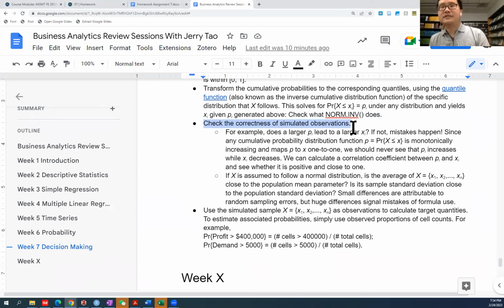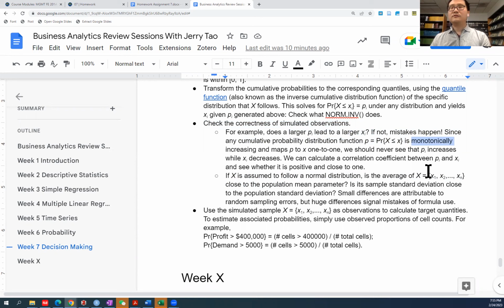Another way we could check the correctness, just in case we made any mistakes, is that we could observe that a larger p corresponds to a larger x. Remember, we generated x based on cumulative probability, right? So we also know that the cumulative probability is increasing with x.